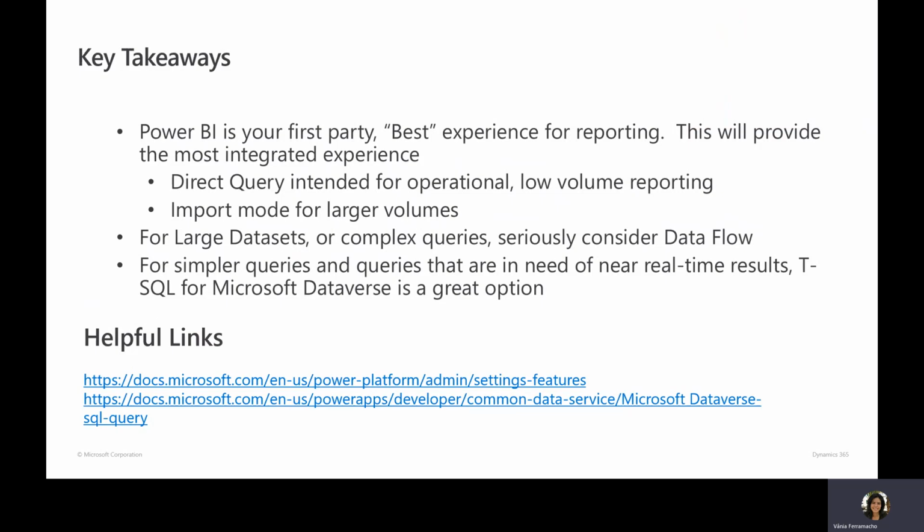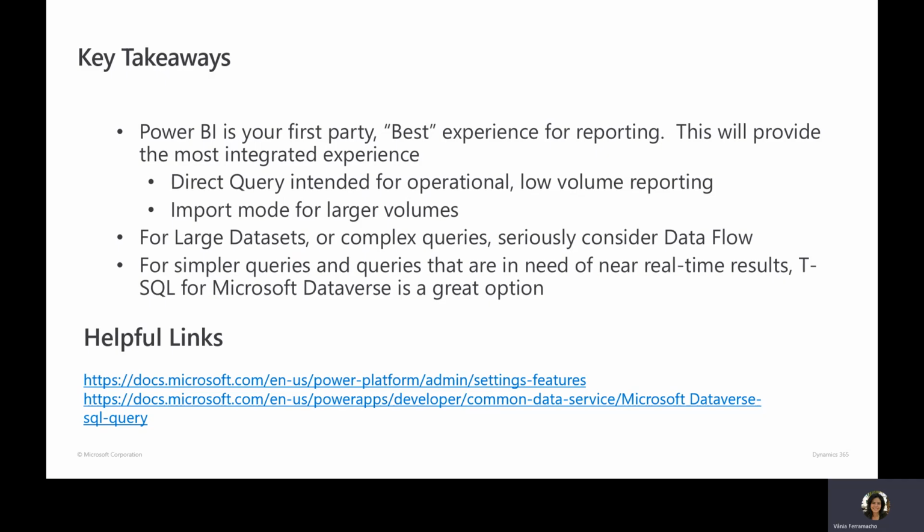Key takeaways before we finish the call. Power BI is where you have the best experience for reporting. It's first party for reporting, and it's where we provide the most integrated experience. Use DirectQuery for low volume reporting and import mode for larger volumes. For large data sets or complex queries, for example customer insights, sales insights, and AI, we recommend using dataflow.